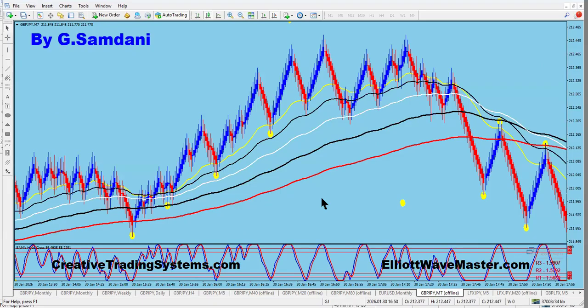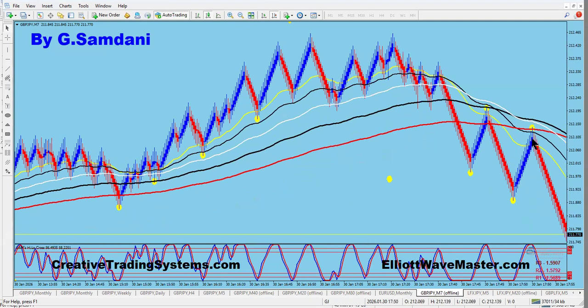Meaning if the price is dropping and you're making a lower high, the last one that you're making an entry from must be a lower high than the previous. This is the previous high, this is a lower high compared to this one. But this one is just the opposite.